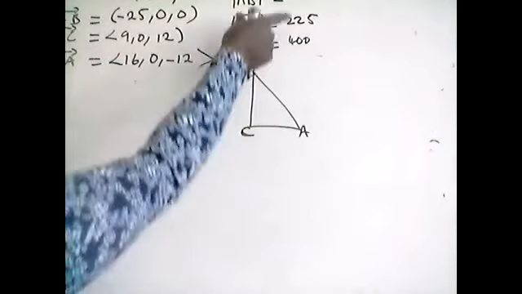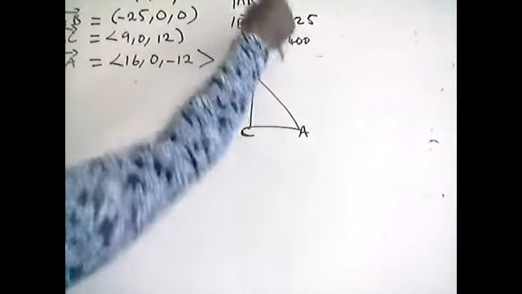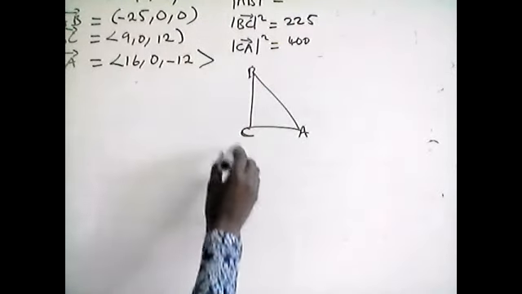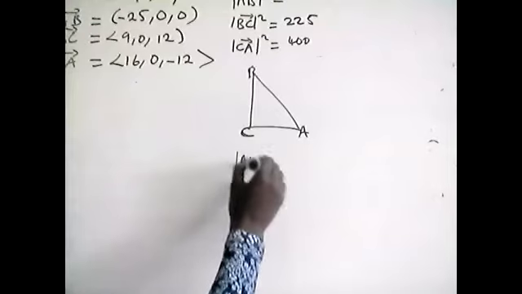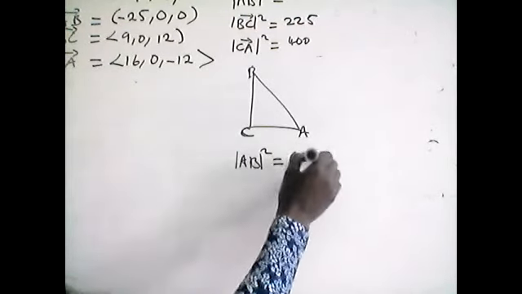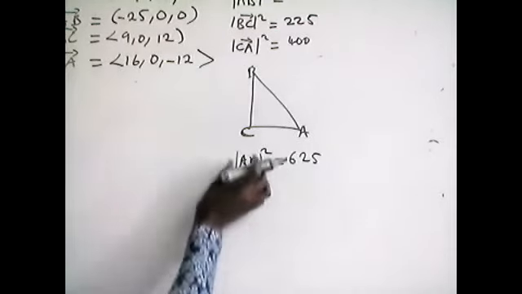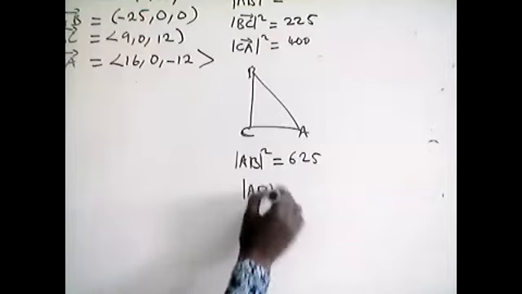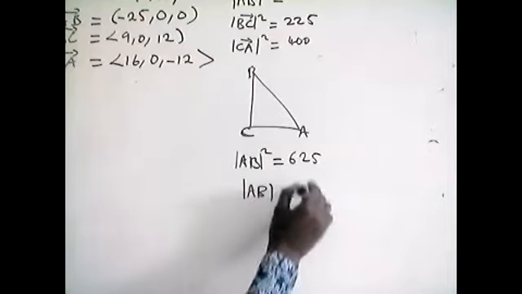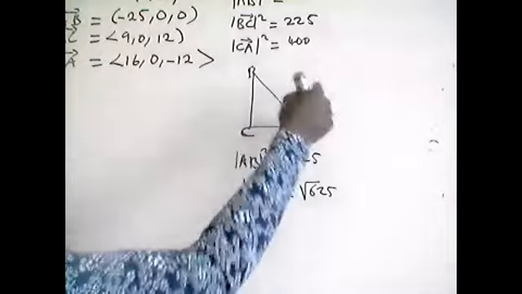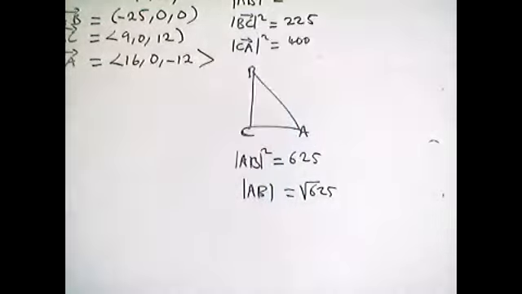From here you can use that to find the lengths. If modulus of AB squared is equal to 625, what about just modulus of AB, the distance AB? Just the root of 625. To find the length of all these, just square root all the three values.